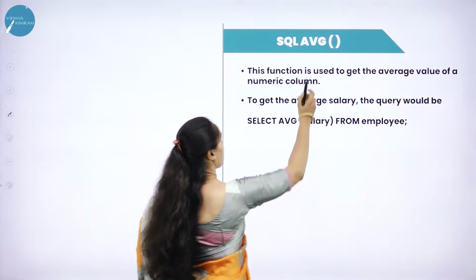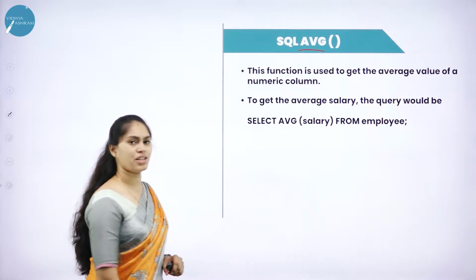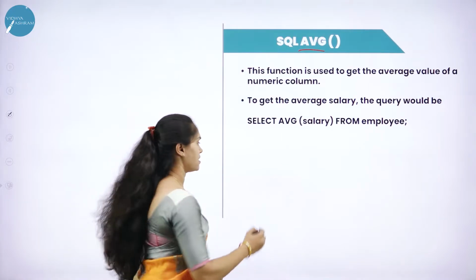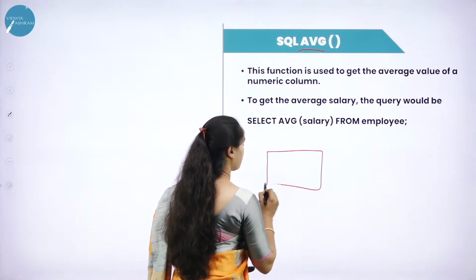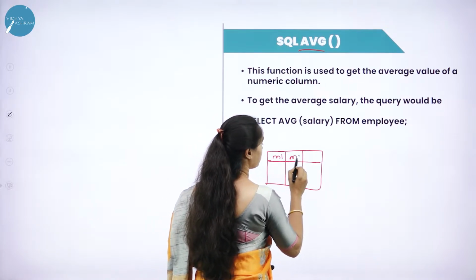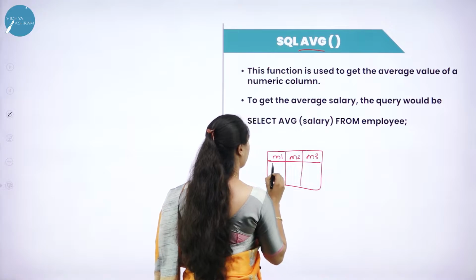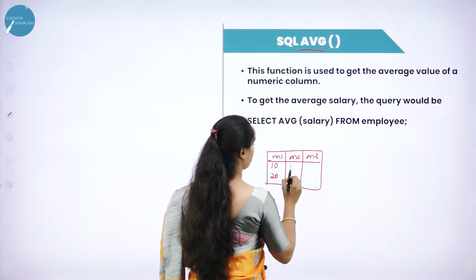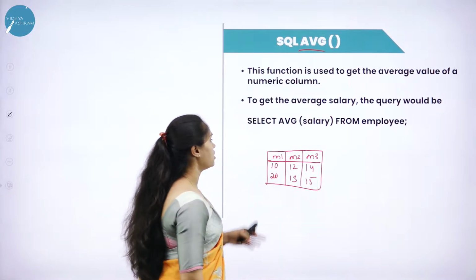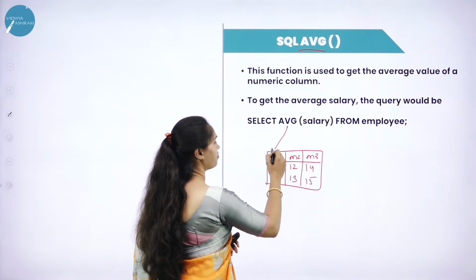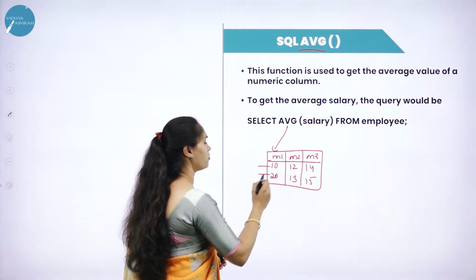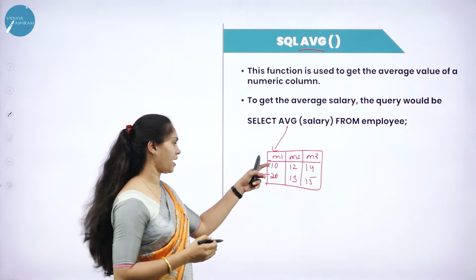So next we'll see about the average. Why is this average function used? If I want to calculate an average, consider an example here: M1, M2 and M3, with values 10, 20, 12, 13, 14, 15. If I apply average to the M1 column, these two values will be added and divided by 2.